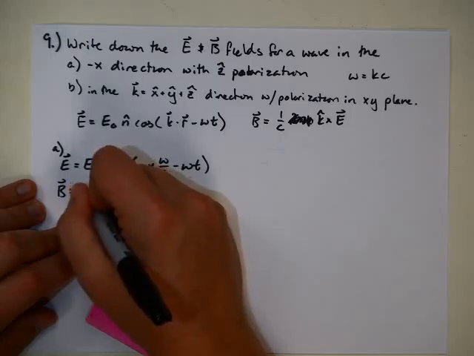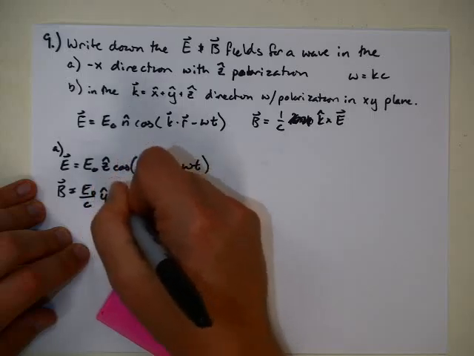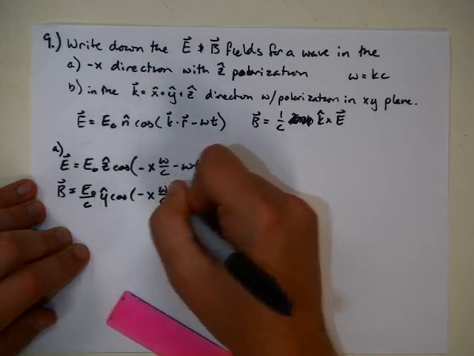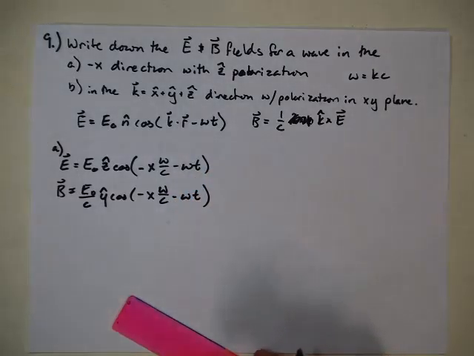So this is E0 over c y hat times cosine, and then the same argument. And those are my E and my B field.